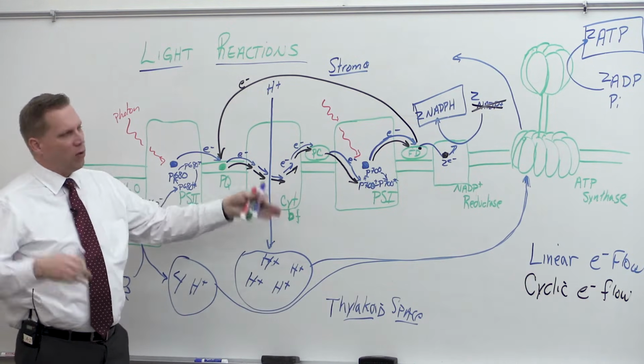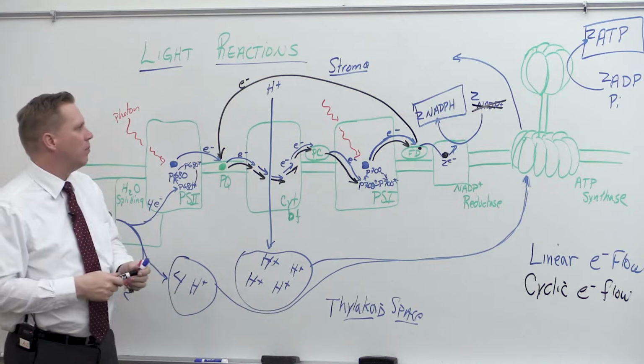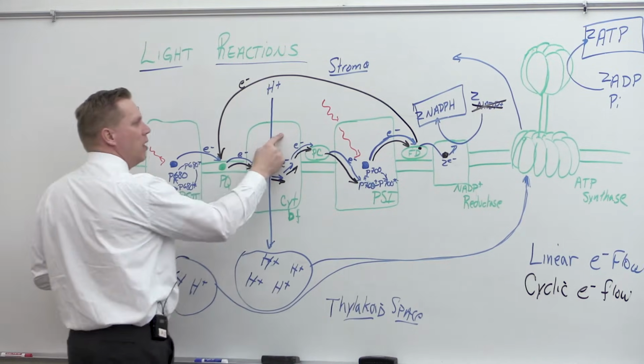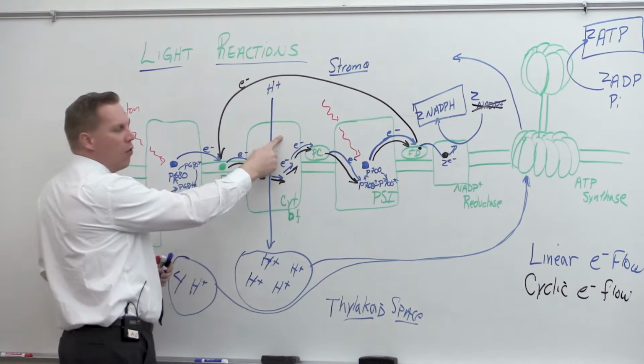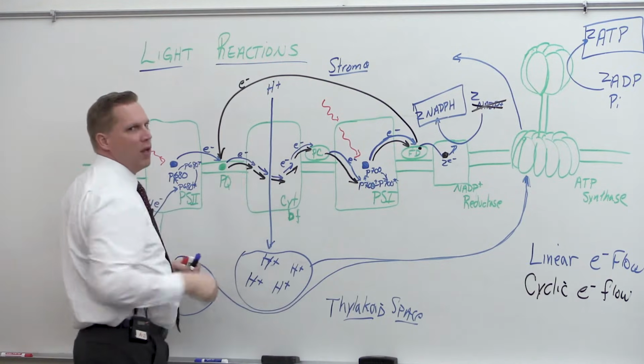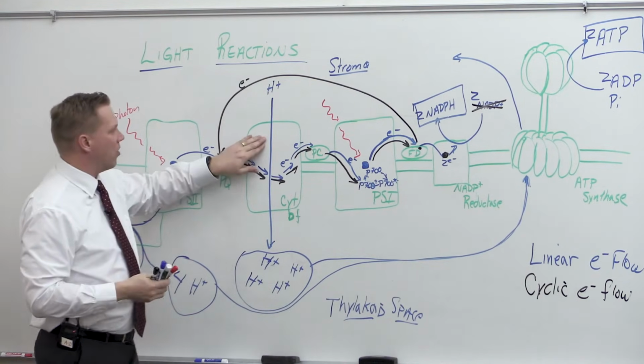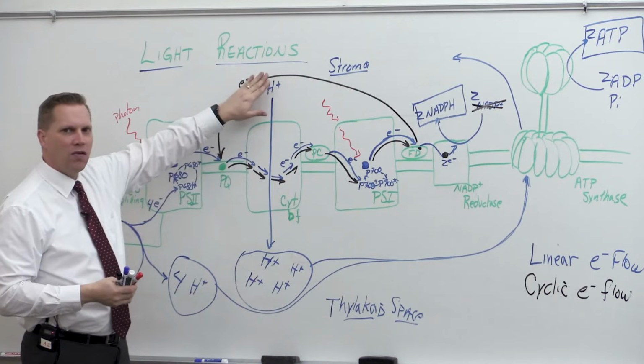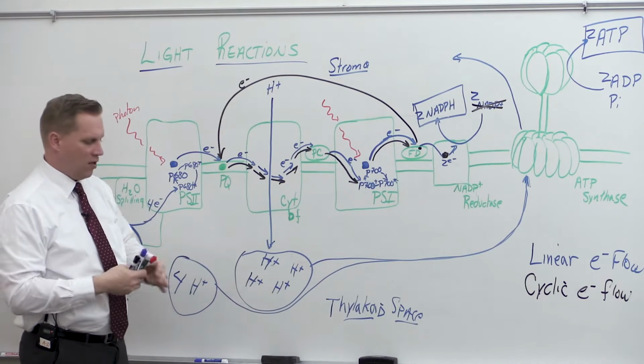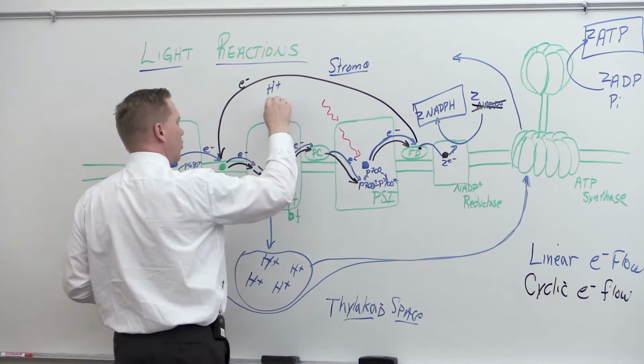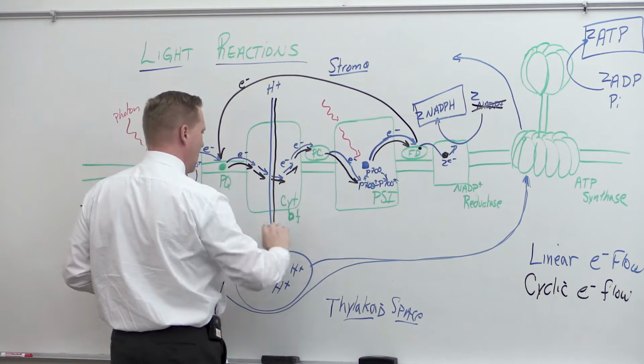Now, at first you might wonder, well, what's that do? How does this help the problem? What it's doing is it's running or powering the cytochrome BF complex. That's the key. The cytochrome BF complex continues to pump protons into the thylakoid space. So we'll draw a black arrow there. That's the key thing.